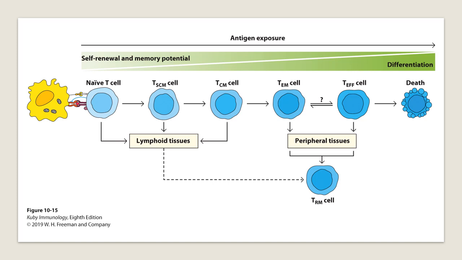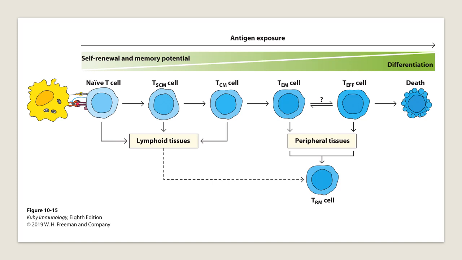So if it's a naive CD4 positive T cell, it can become either a memory cell or any of the TH subsets that we talked about: TH1, TH2, TH17, T follicular helper. All of those. So that just means the level of differentiation that's happening. That's just the level of differentiation, yeah.